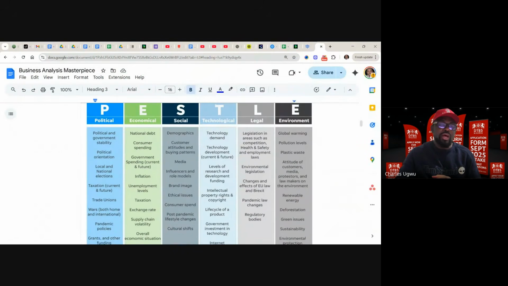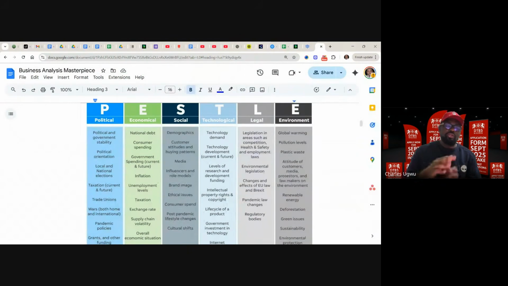So if you look at all these factors, it has given you a wide range of areas where you can mirror. All you need here is to mirror this to your environment and see how they can affect your environment.